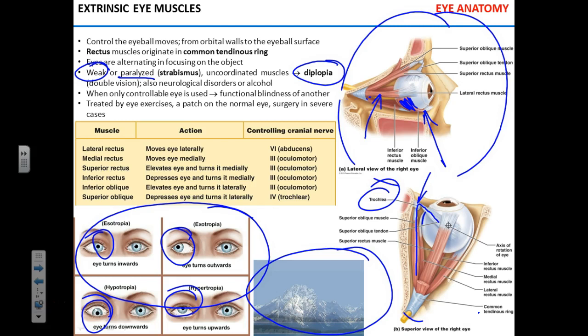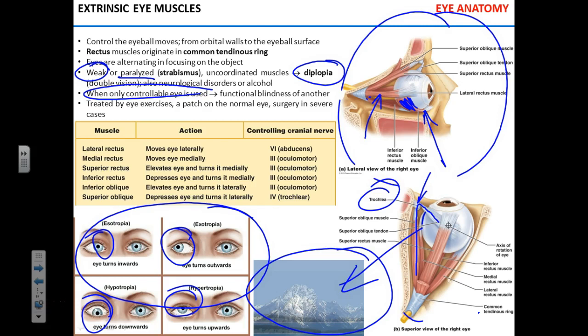Interesting thing, when there is a paralysis, eventually the brain will compensate for inability to focus. Not so much compensate, but think about this. You have one eye that moves perfectly fine, and then you have another that is not completely functional or is dysfunctional.